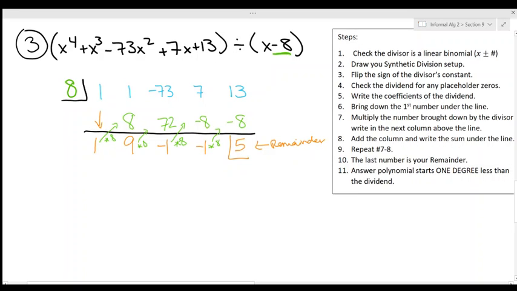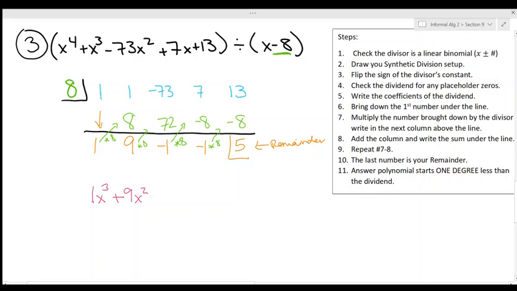So first things first, we have our constants we wrote out. So our first constant is a 1. Now, our answer starts 1 degree less than the dividend. So if the dividend starts with x to the 4th, our answer starts with x to the 3rd. Then we have a +9, so I write +9. The next variable is going to be x squared.